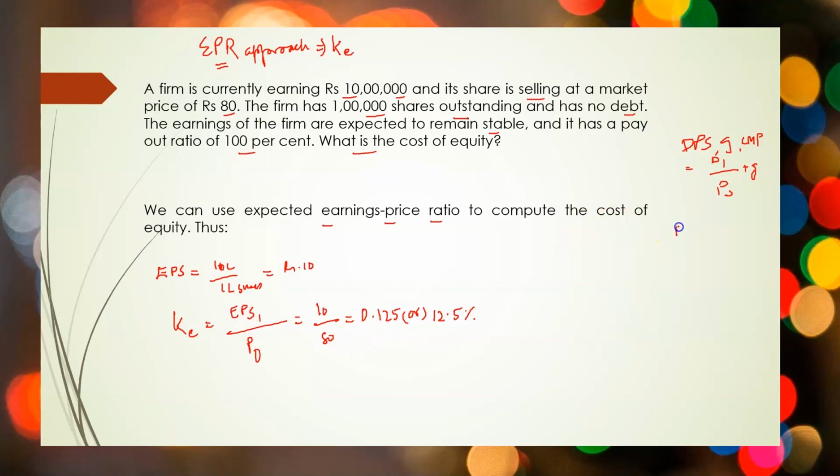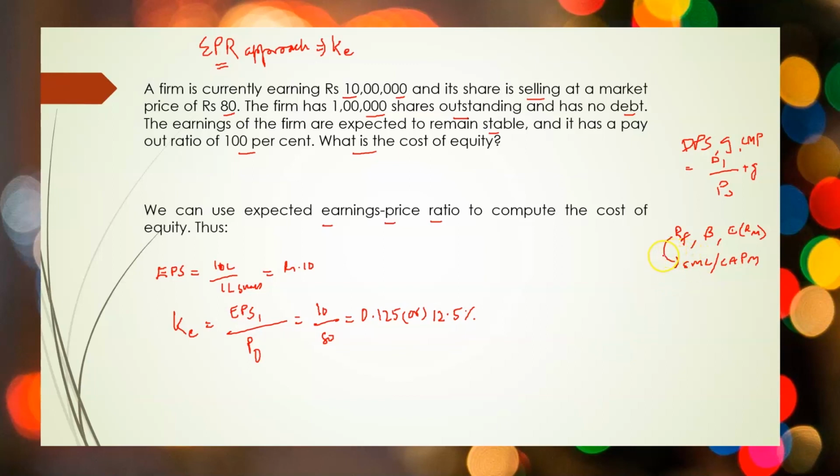Similarly, when the risk-free rate and the beta factor and the risk premium, or the expected return of the market portfolio, is available in a question, you should follow the SML approach. SML, also called the CAPM, Capital Asset Pricing Model approach, is to be followed.